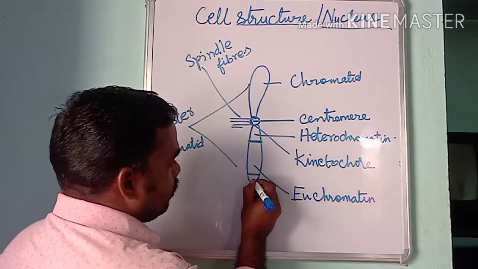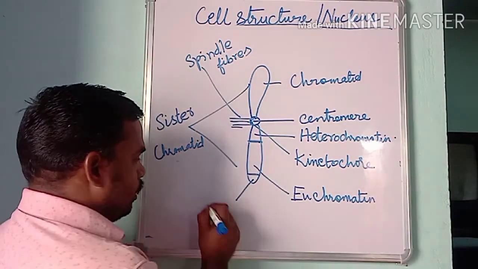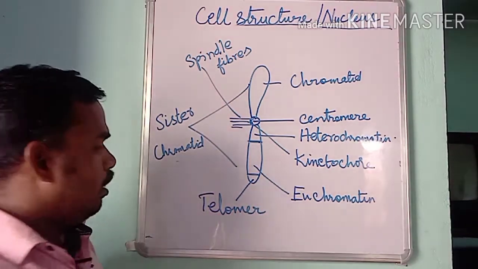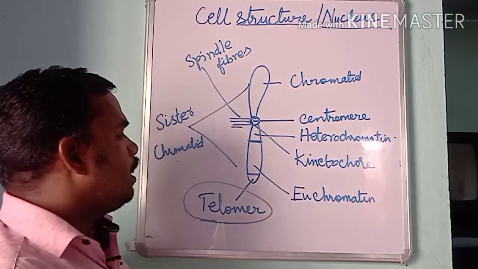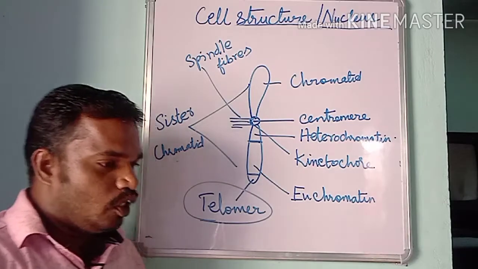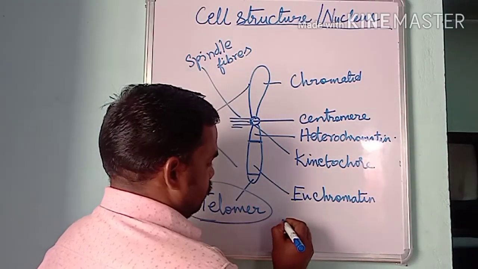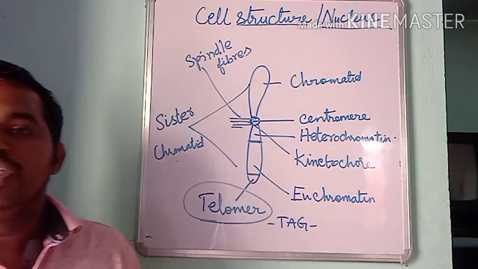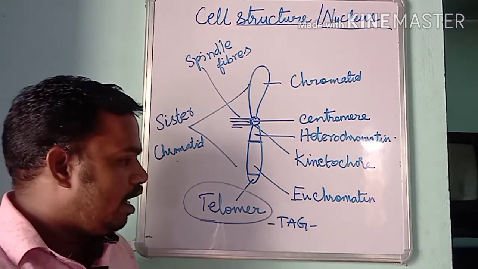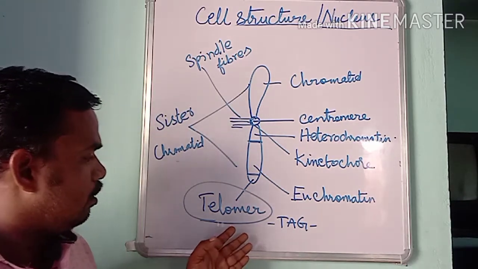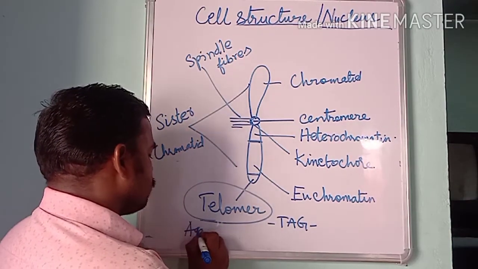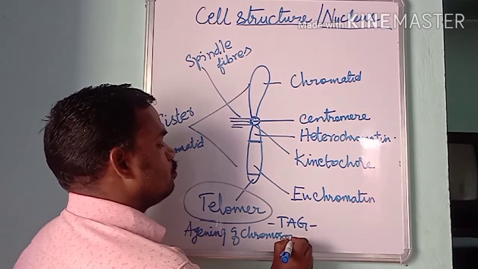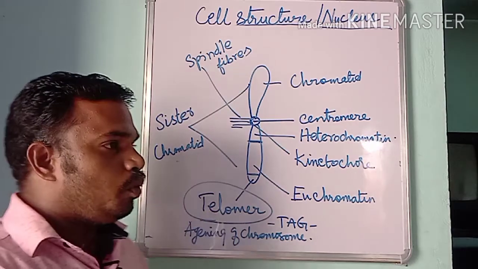Then the tail region, the tip of the chromatid, is known as the telomere. The importance of telomeres has been identified in recent times because the telomere has a TTAGGG repeat sequence, which is responsible for the aging of the chromosome.